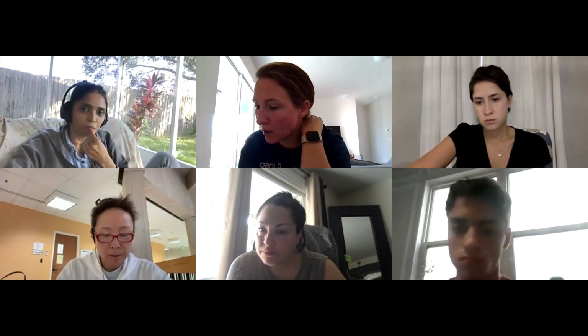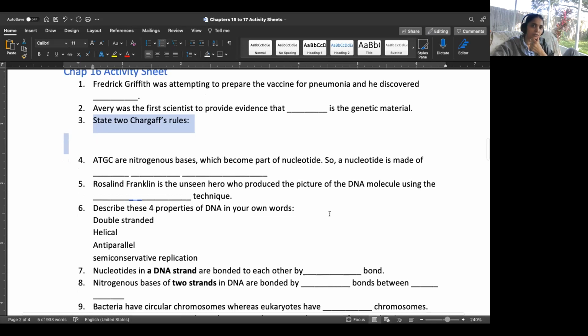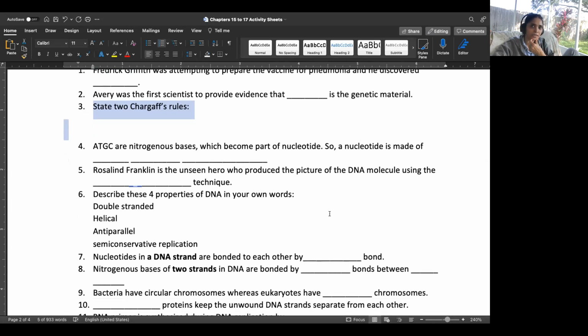So number 5, Rosalind Franklin is the unseen hero who produced the picture of the DNA molecule using the X-ray crystallography technique. Very good. She's the one who actually did all the experiments and the lab work, collecting the DNA, exposing it to X-rays.